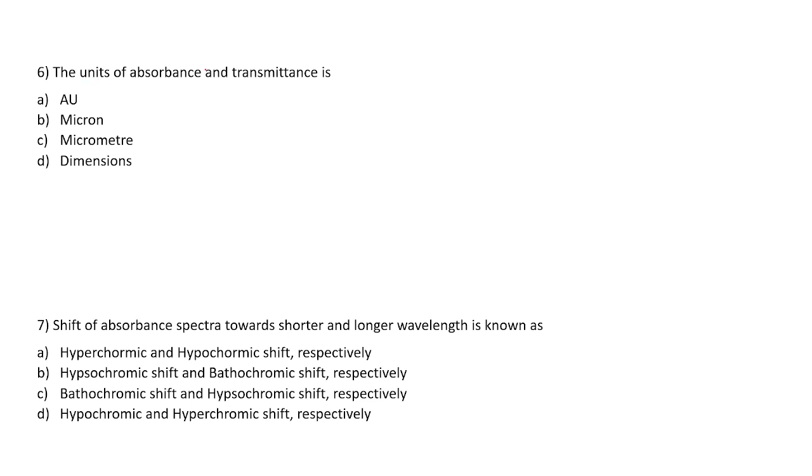The units of absorbance and transmittance are: AU, micron, micrometer, dimensions. What is the unit? What is the meaning of AU? Think. Those who are watching on YouTube also think.